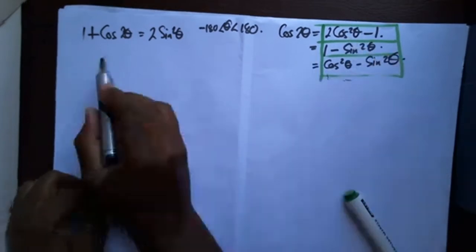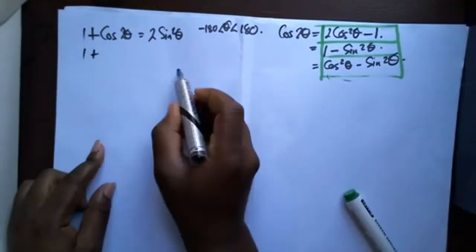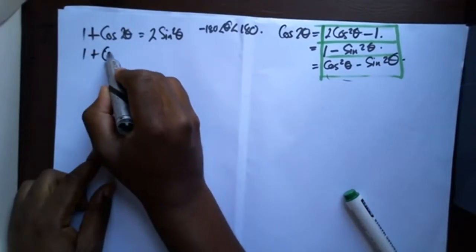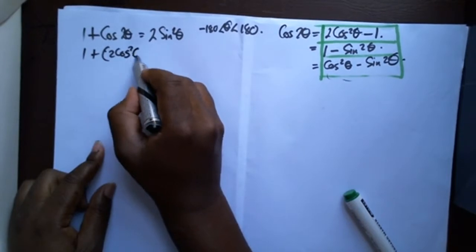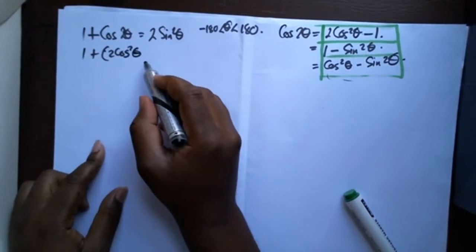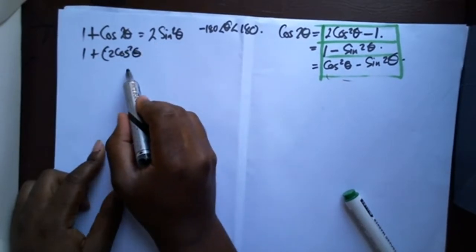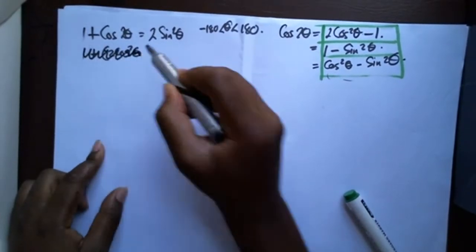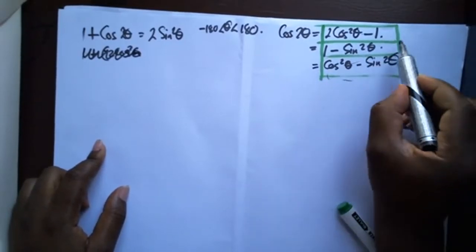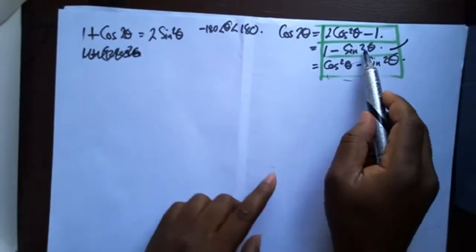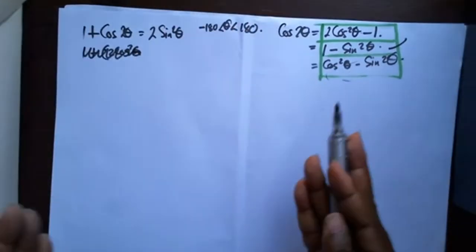So with this one, I'm going to use the first one. It becomes 1 plus 2 cos squared theta. Let me use the one that is simpler first, because it is easier to convert this into a form of sine, then group the sines together, then solve.